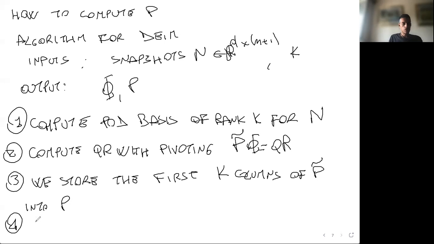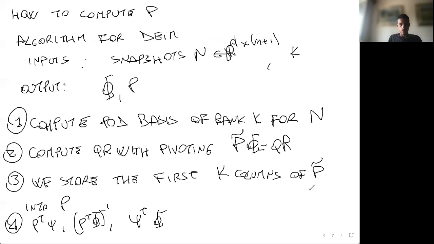Then what we also need to compute are Pᵀ Ψ and Pᵀ Φ inverse. Actually, we never compute the inverse here. And we need to compute Ψᵀ Φ. Those quantities are all independent from the dimension n.